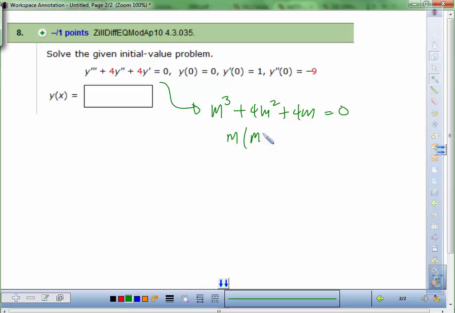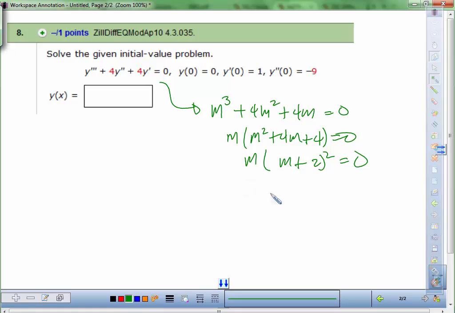And then we have m squared plus 4m plus 4, which we can also factor, right? m plus 2 squared. And so negative 2 has multiplicity 2.